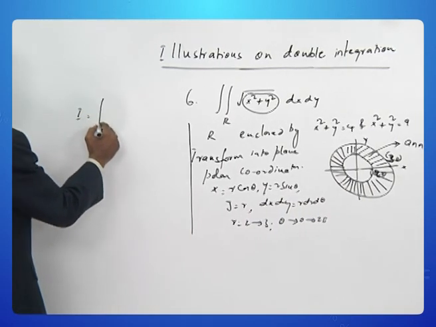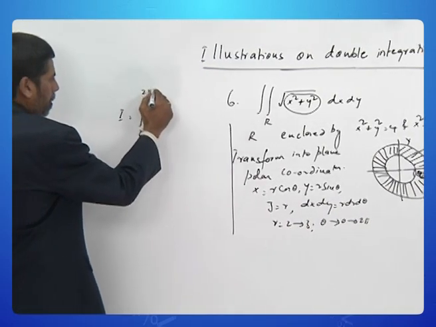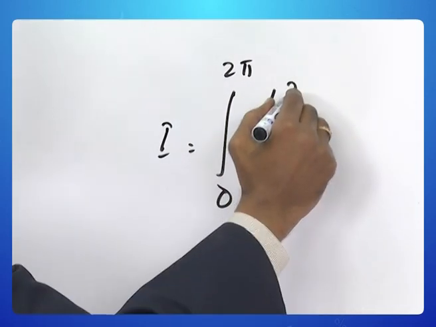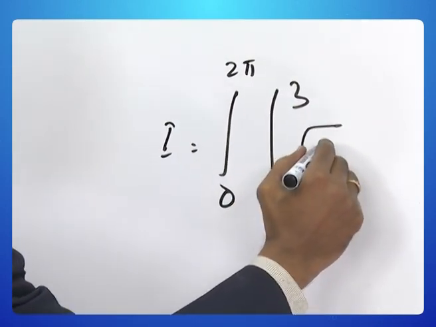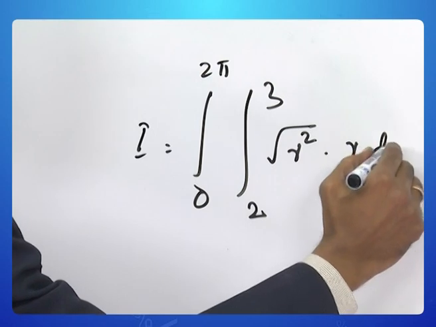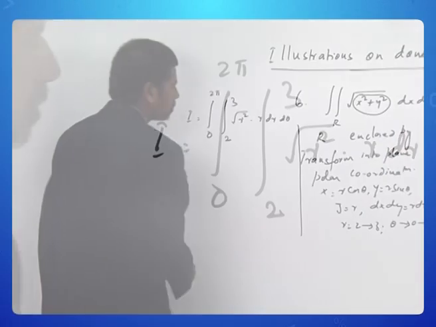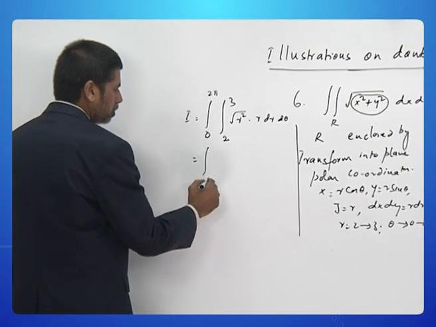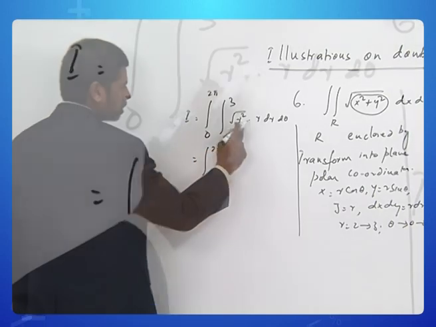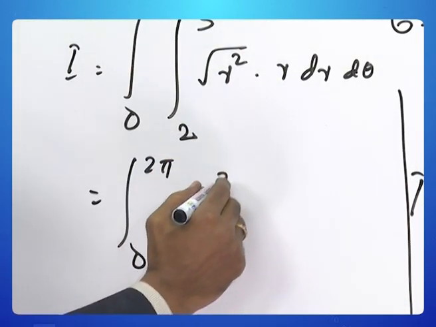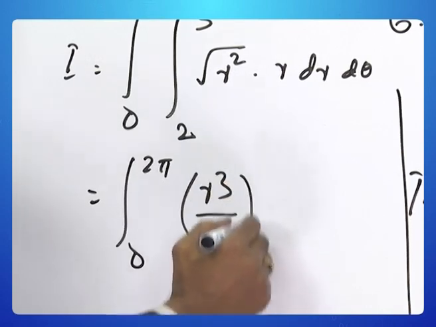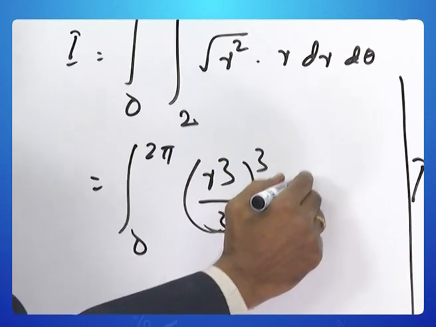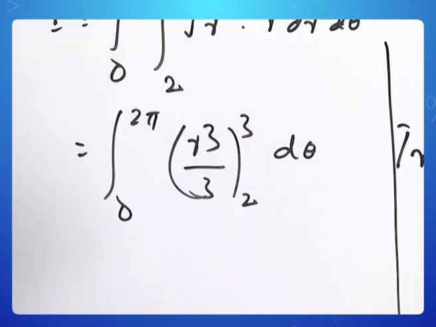I is equal to integral 0 to 2 pi, 2 to 3, square root of r square, r dr d theta. This is simple. This is r square, r cube by 3, 2 to 3 d theta.